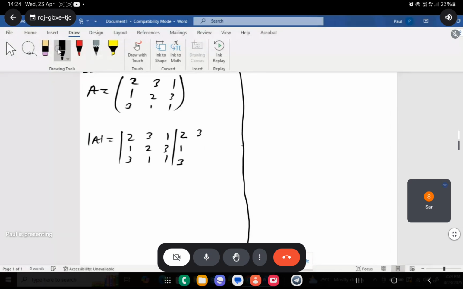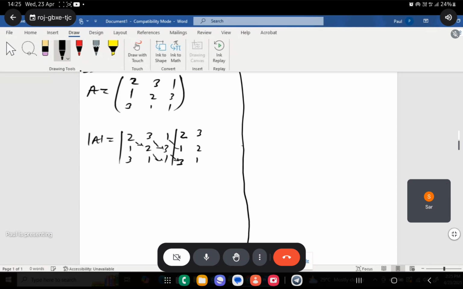So 3, 2, 1. Good. Now, the determinant, we find it diagonally, in the sense that 2 will multiply this and multiply this. This will multiply this and multiply this.